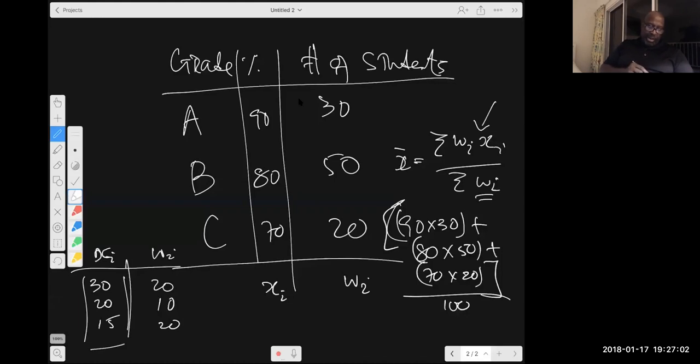So it would be 20 by 30 plus 20 by 10 plus 15 by 20, which is 600 plus 200, that's 800, plus 300, divided by 50. So that's 1100 over 50.